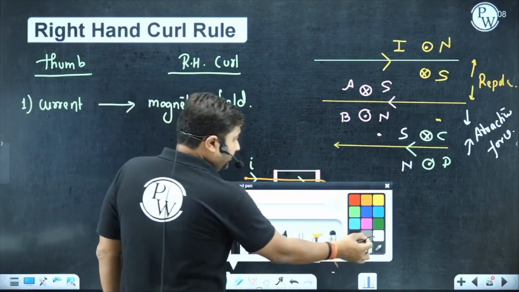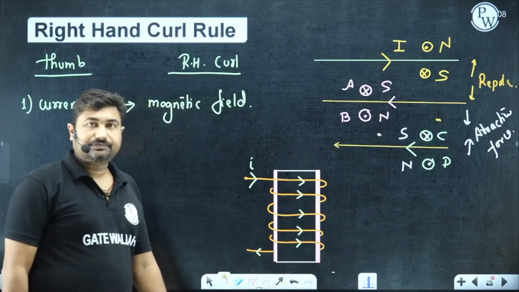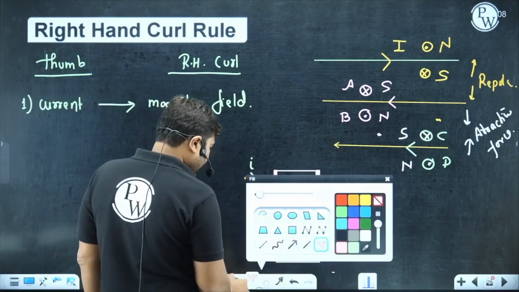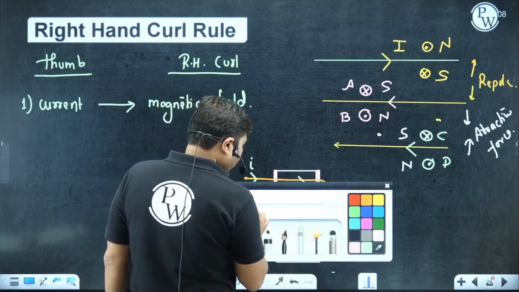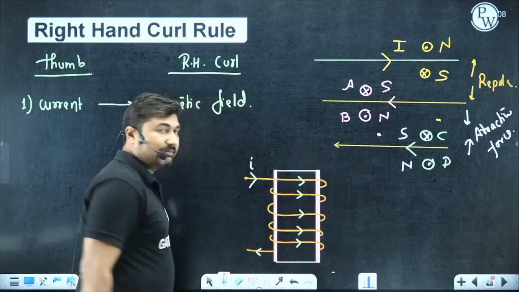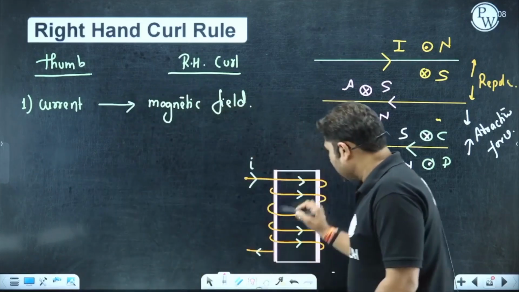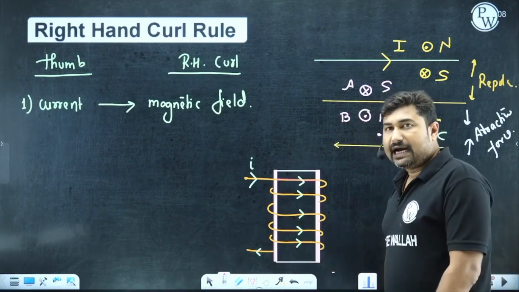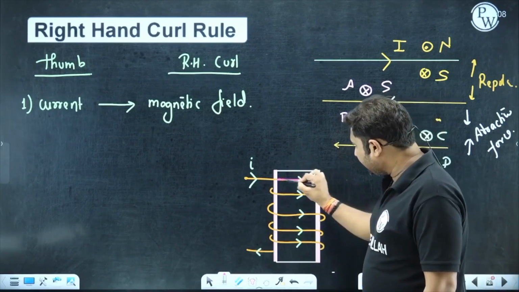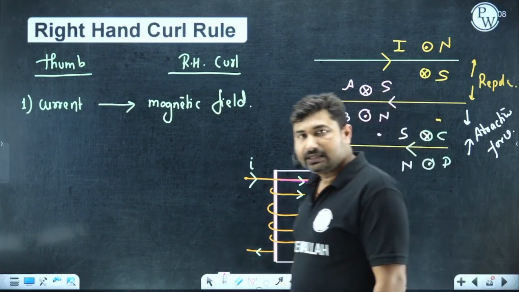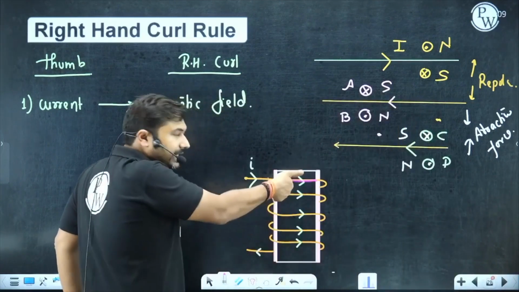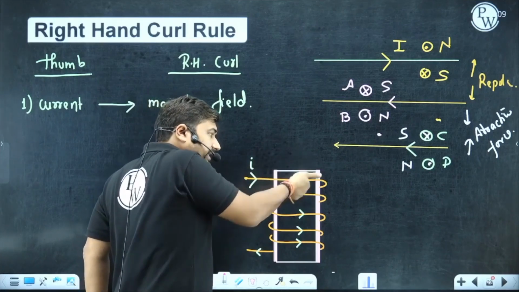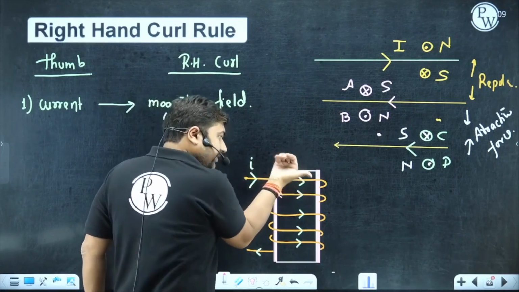Now please observe. We know if there is a current carrying wire, it will create a magnetic field. Let us suppose only that portion of the wire which I have highlighted here. We know the right hand curl rule, so if the current flows in the wire in this fashion, it will create a magnetic field like this.